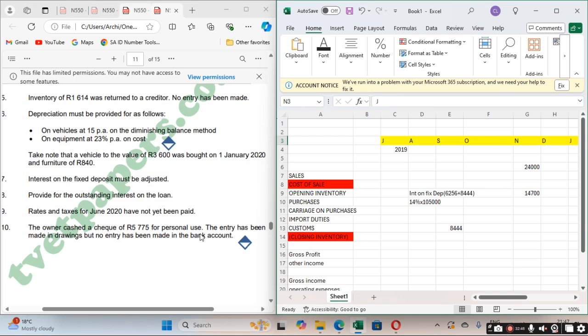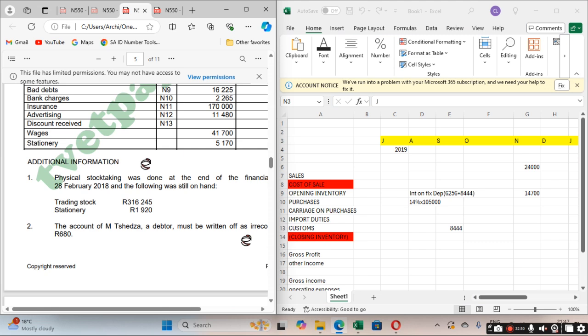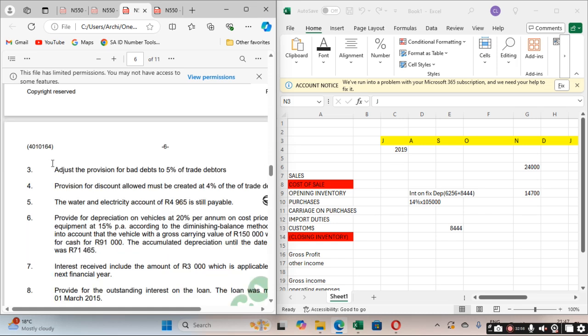So let me see what's going on here. Okay, so number 1, they're talking about inventory, the account write-off. So now you know how to handle all this.